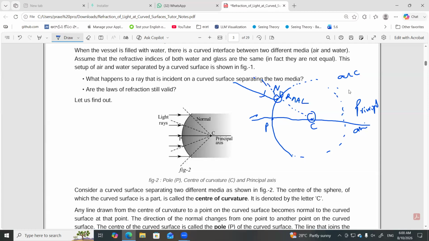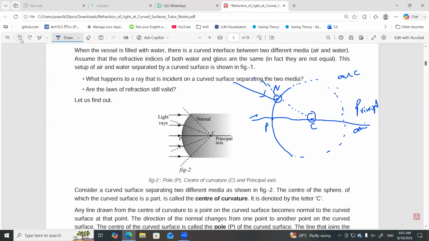So now you can see that light ray is coming and this light ray is parallel to principal axis. Principal axis is this line. Now this is the point of contact. How did I draw that particular normal? I joined a line from center of curvature. So we need to draw the normal line first.